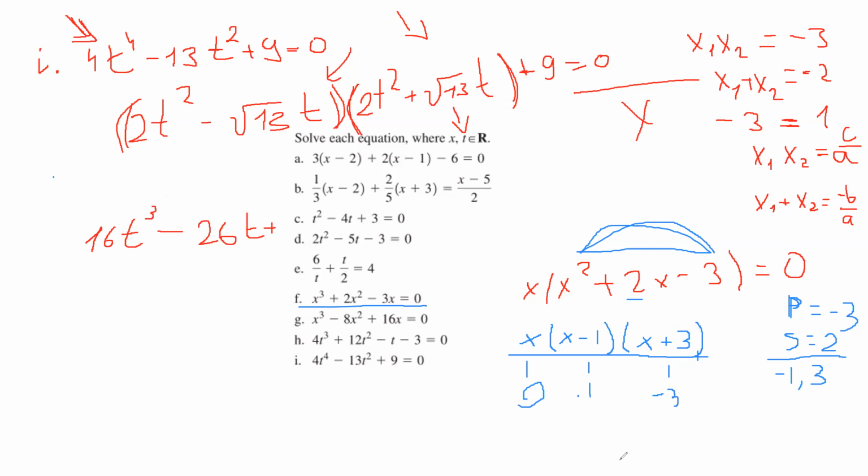So then you could factor out a t, and you get 16t squared subtract 26, and then you could solve that. You could factor out a 2.